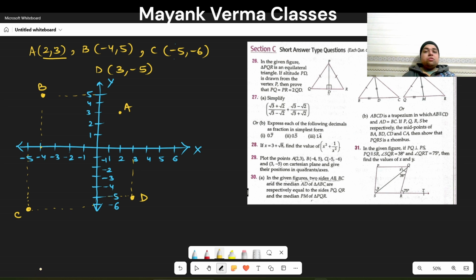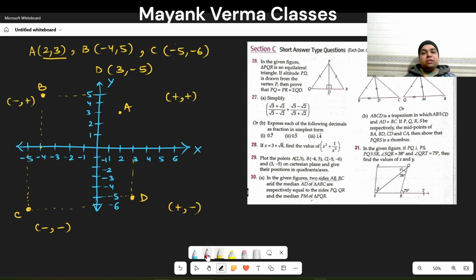Now it also wants us to find the quadrant. So always remember, in the first quadrant both values will be positive. In the second quadrant, the negative comma positive format will be followed. In the third, negative comma negative, and in the fourth it will be positive comma negative.